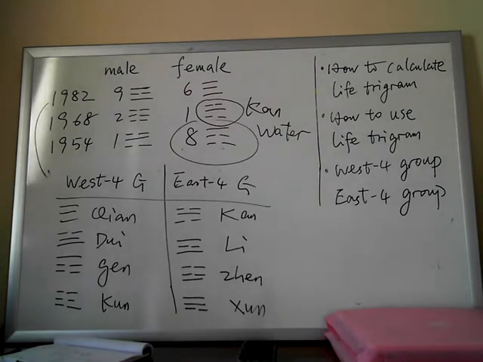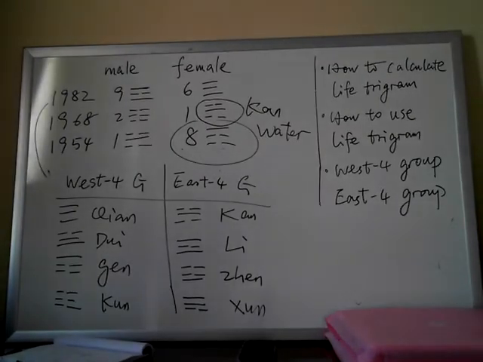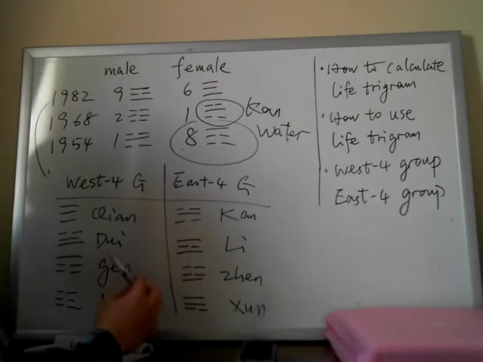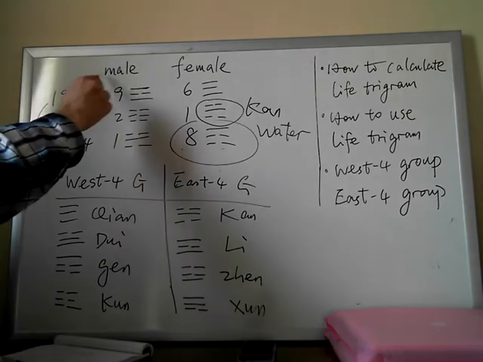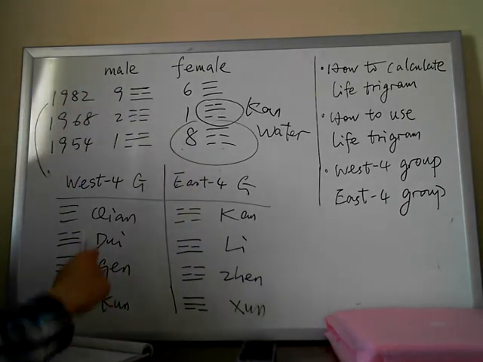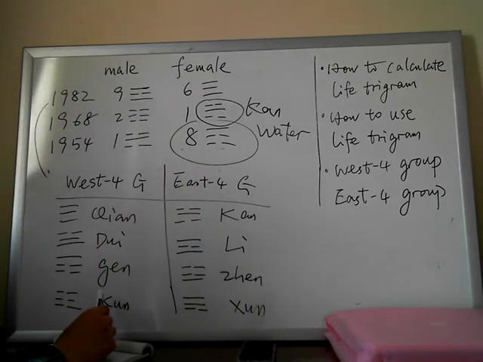Similarly, a person with a life trigram in the East 4 group cannot live in a house with the house trigram in the West 4 group. For example, let's say the male born in 1982, the life trigram is Li.